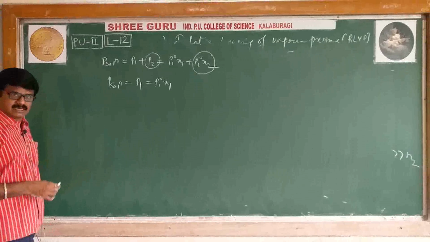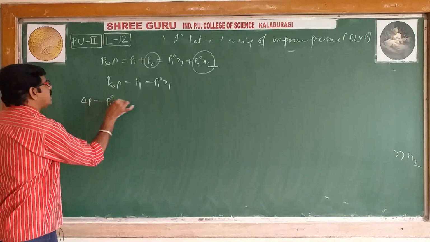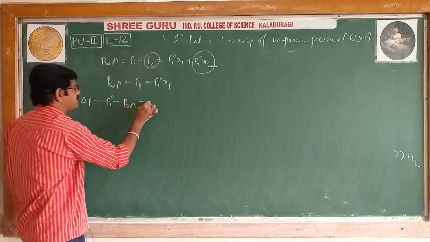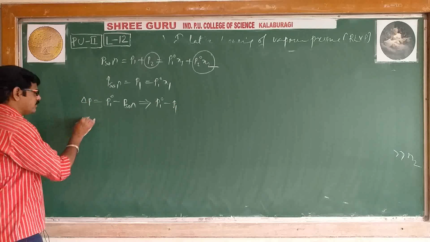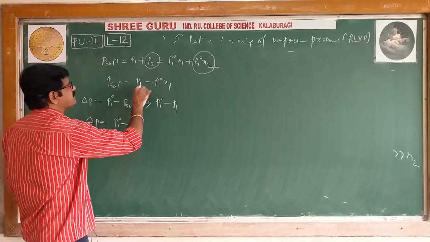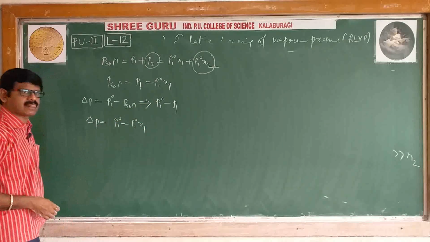Now we will go to lowering of vapor pressure. Delta P is equal to P1 naught minus P solution. Now instead of solution I will write P1. Therefore delta P is equal to P1 naught minus P1. What is P1? P1 is nothing but P1 naught x1. This I am substituting here.